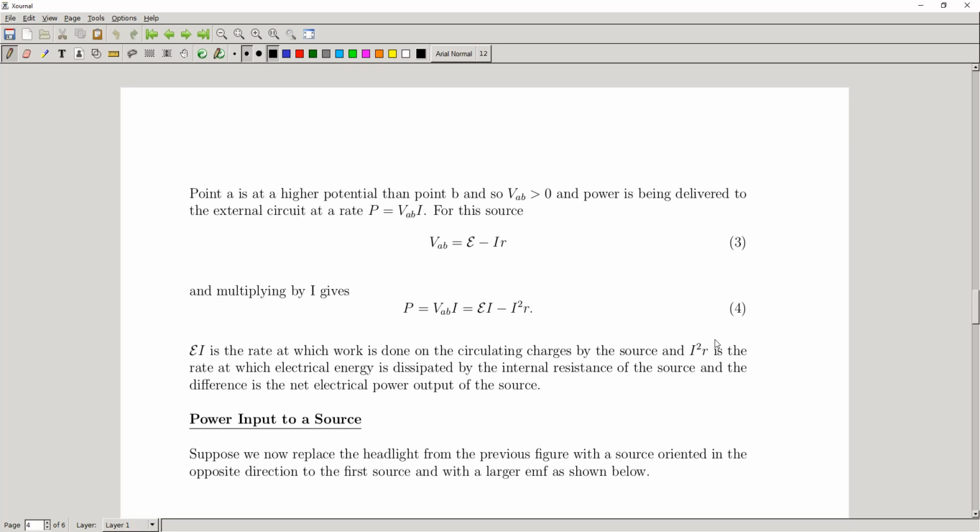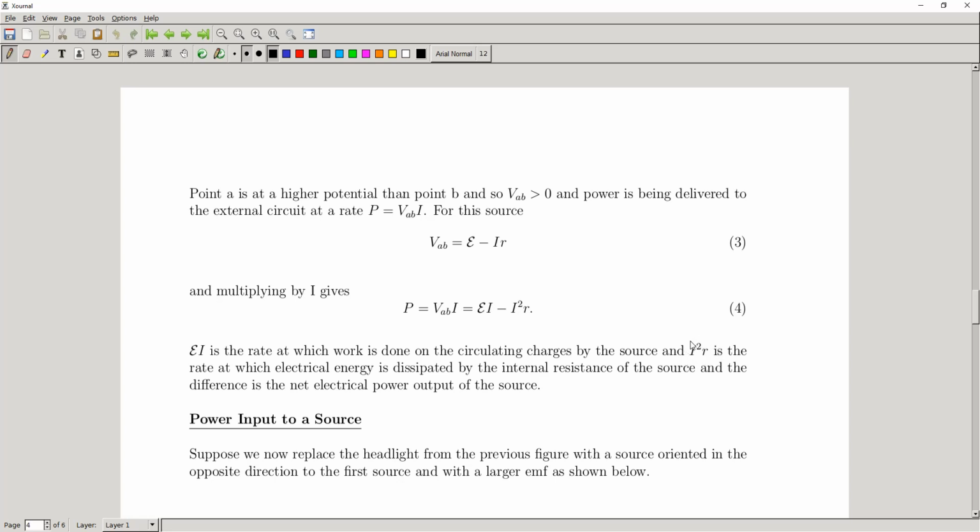So our source is not an ideal perfect source. It has some internal resistance, and that internal resistance is kind of working against us here in a sense. It's robbing some of that power that the battery could be providing, but there's no way around that, and so we end up having some of it dissipated by the internal resistance of the battery.